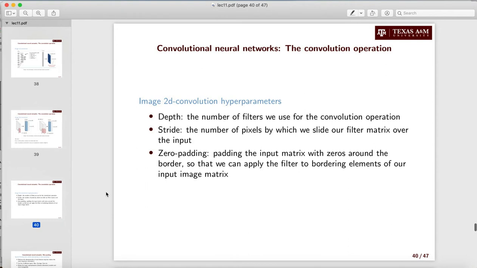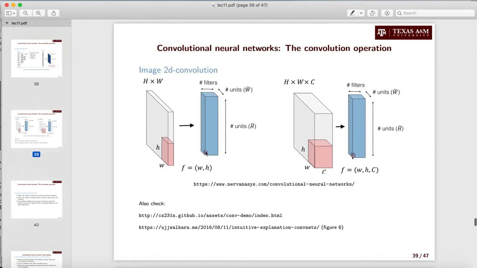Now, having said that, there are several parameters that can be predetermined when we do this 2D convolution. The first parameter is the depth. By depth, we mean the number of filters that we are going to use for the convolution operation. If you remember, we said that instead of using only one filter for each input region, we can use multiple filters.